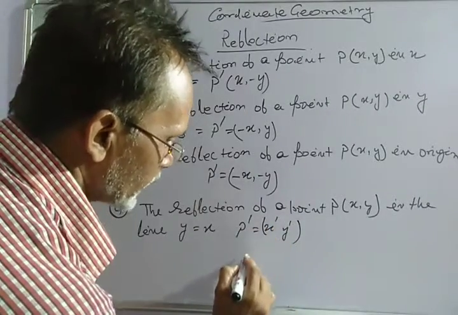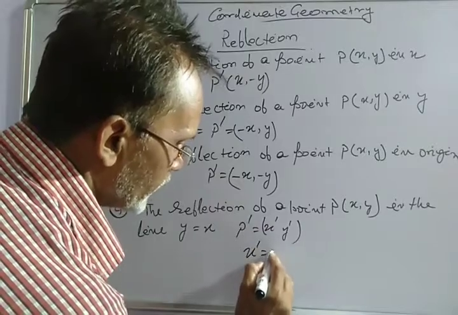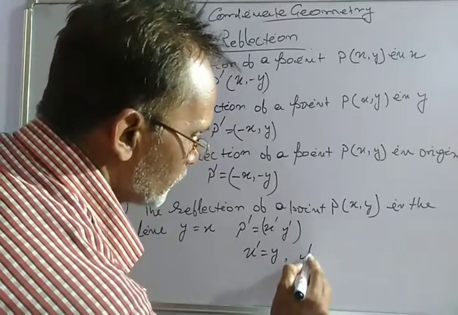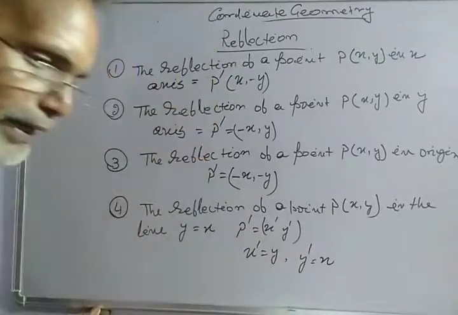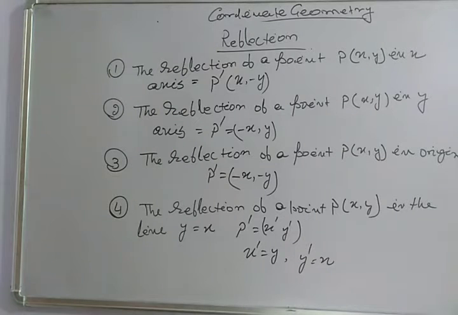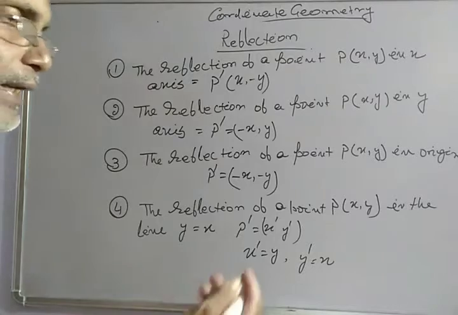So here x dash will be equal to y and y dash will be equal to x, and only the coordinates will be interchanged.